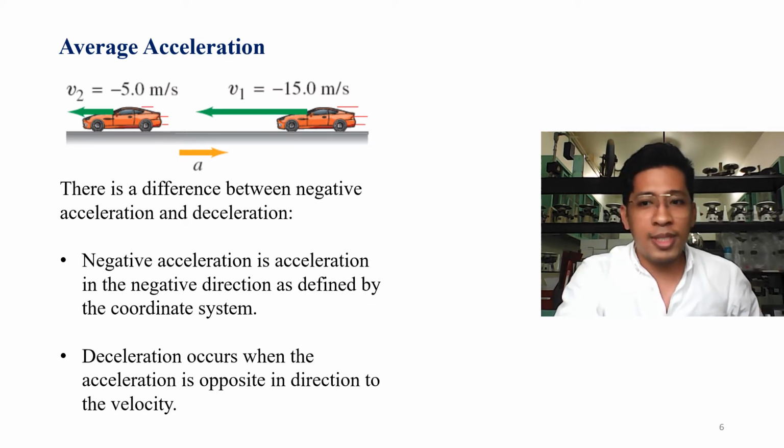Again, when we say it's a negative acceleration, it is the acceleration in the negative direction as defined by the coordinate system. So you may have your negative x or your negative y axis. On the other hand, deceleration occurs when the acceleration is opposite in direction to the velocity.